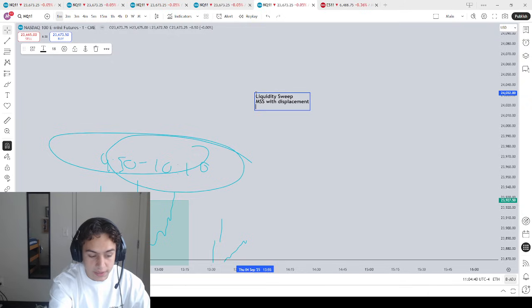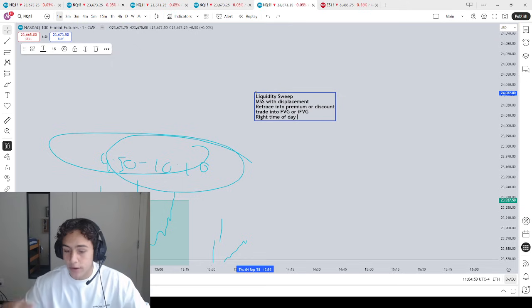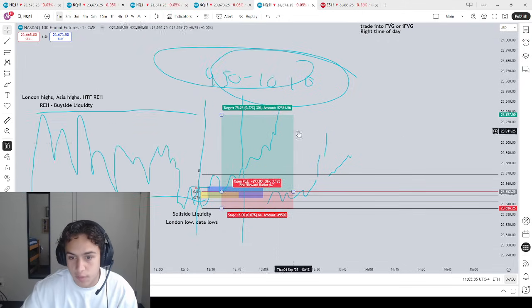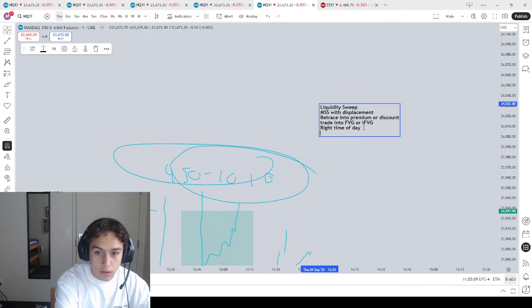Okay, then I want to see it retrace into premium or discount, trade into a fair value gap or IFVG, and then it has to be the right time of day, meaning it has to be the 9:50 to 10:10 macro or around it. I'm not taking this setup at 9:30 in the morning because the trade hasn't even presented itself. So it has to be the right time of day, meaning the macro.